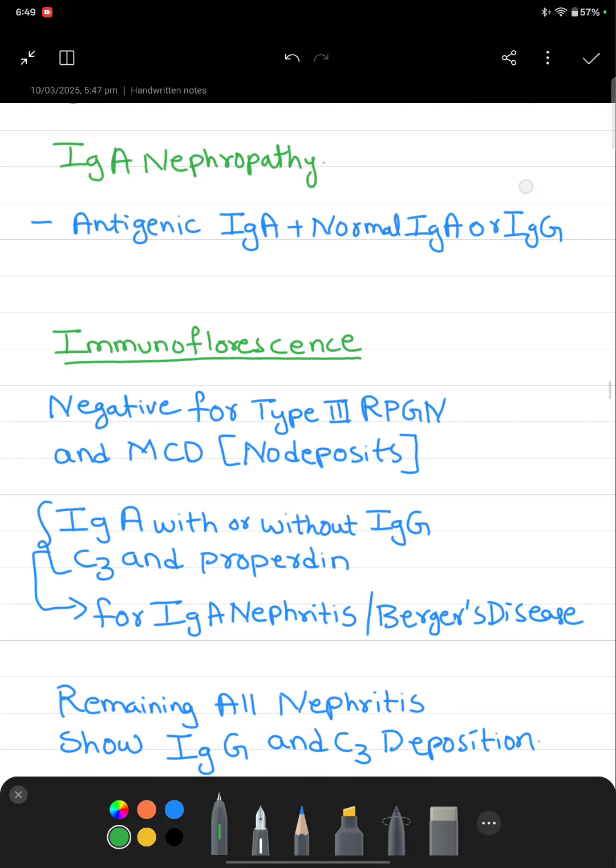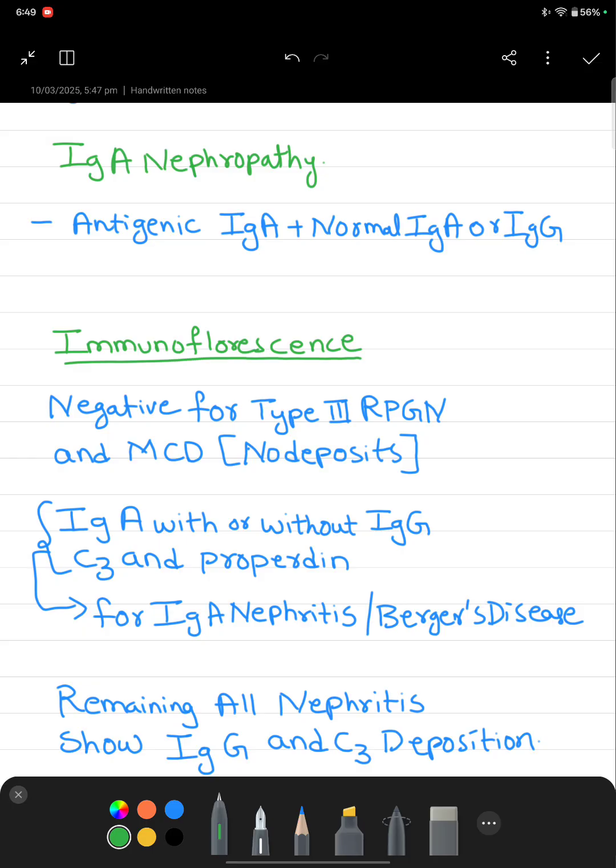Now, IgA nephropathy. Here, defective IgA is produced by the body. Then this defective IgA will act as an antigen. So to remove this defective IgA, the body will produce normal IgA or IgG antibodies. So the content of the deposition in IgA nephritis or Berger's disease is defective IgA plus normal IgA or IgG.